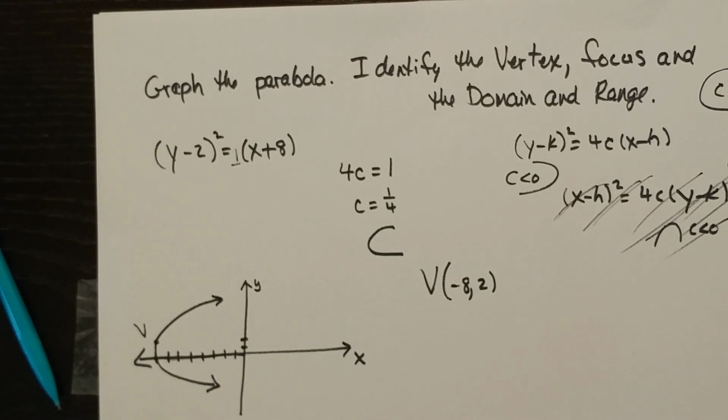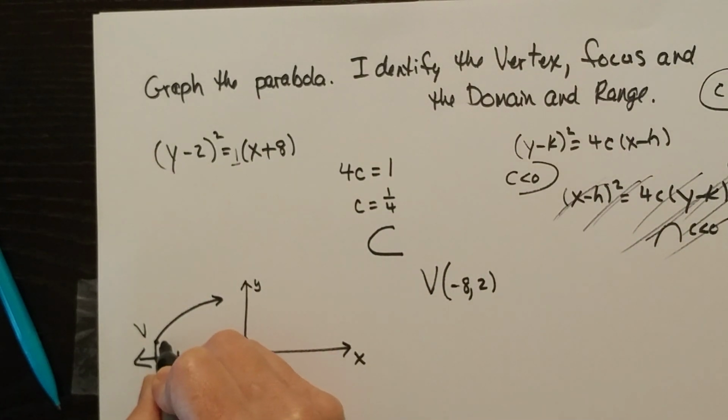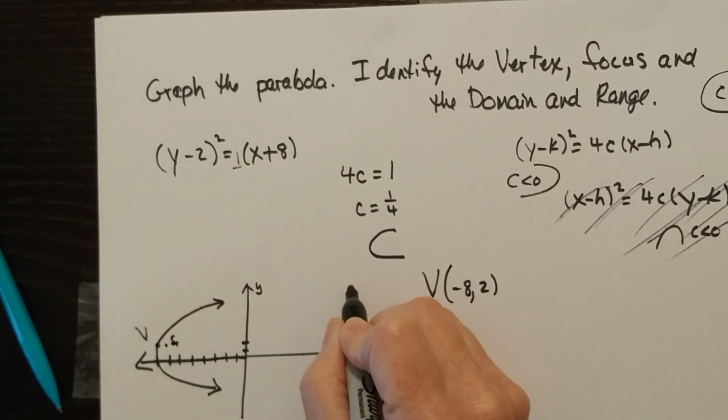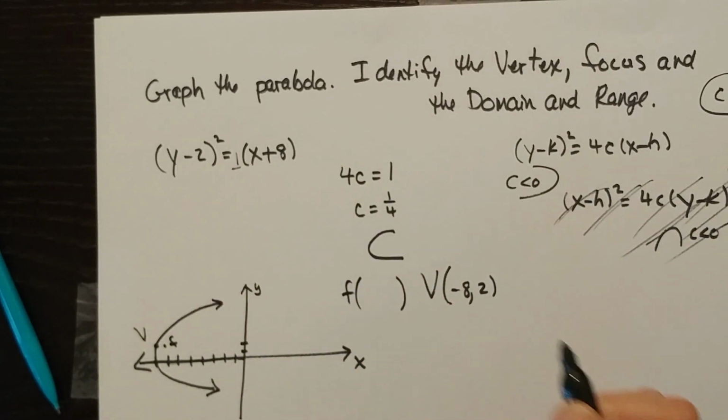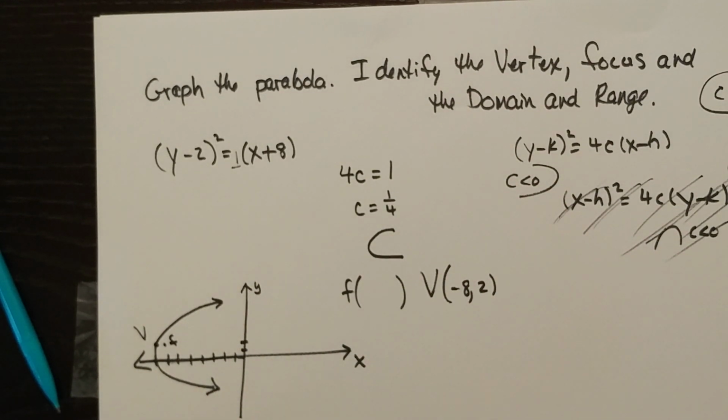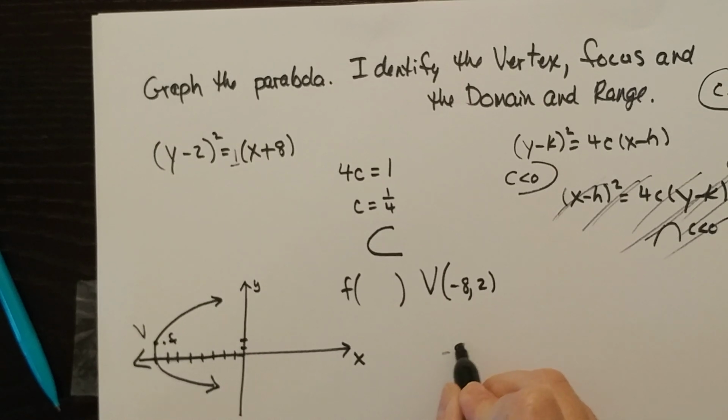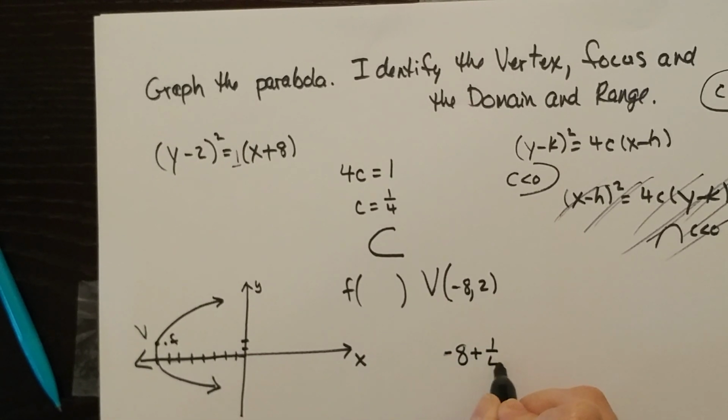So now I need to be able to put my focus on there. My focus is right there, and I don't have enough room to label everything, so let me put the coordinates. The focus is c units from the vertex. The vertex is at (-8, 2), so it's going to be to the right of -8. So it's -8 plus 1/4.